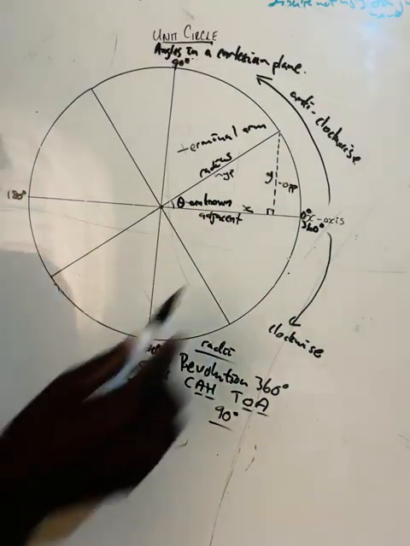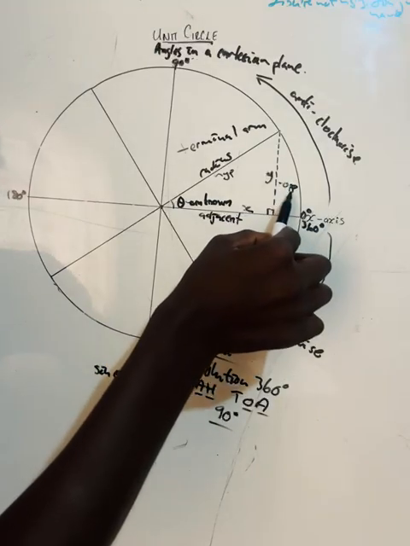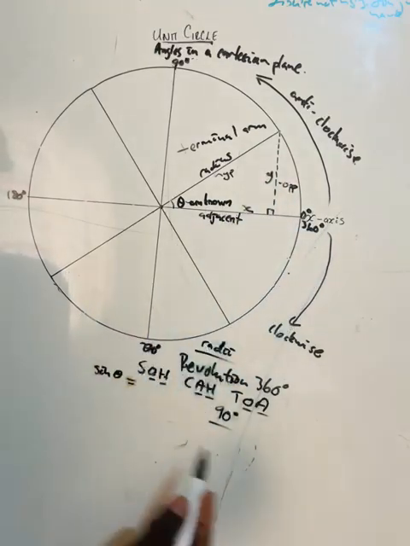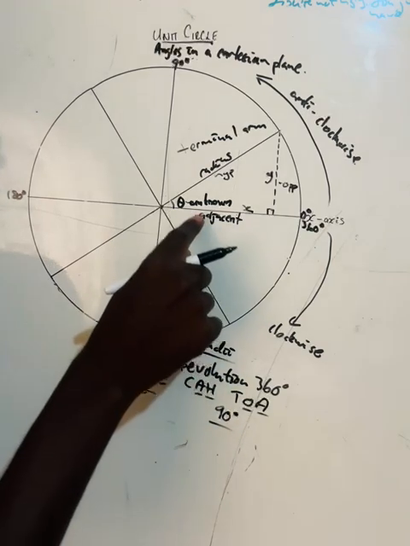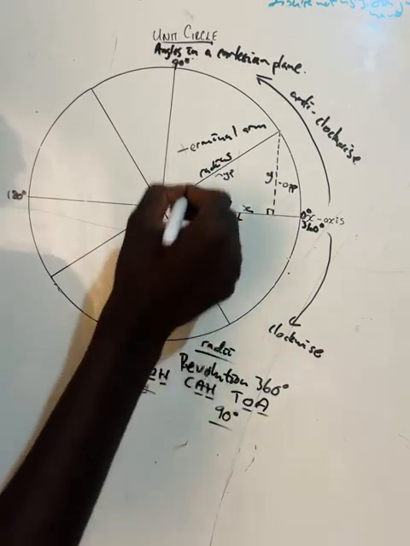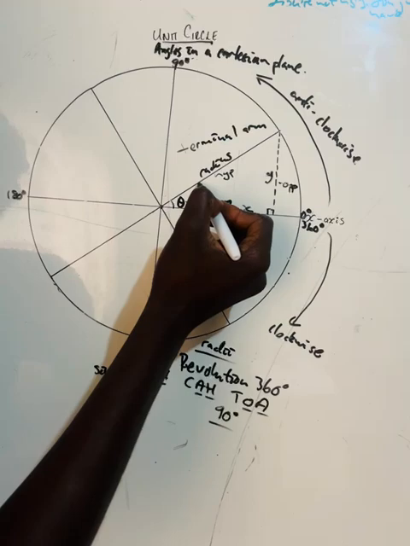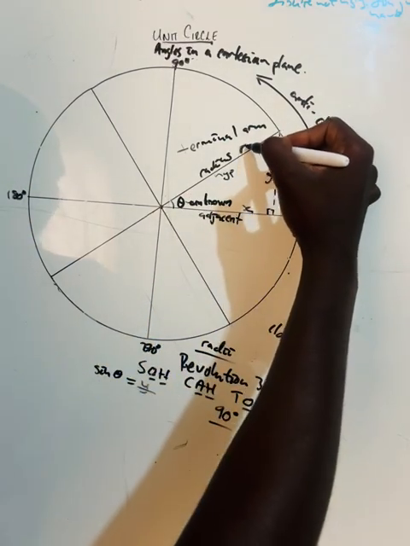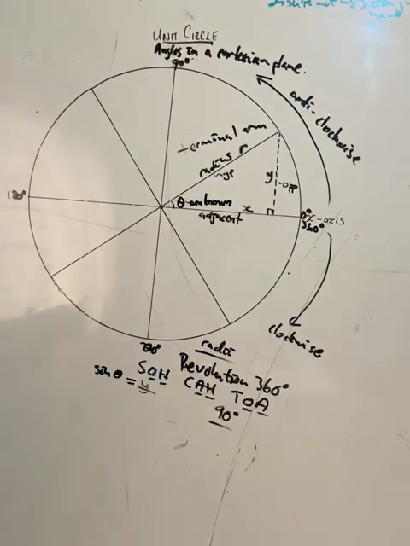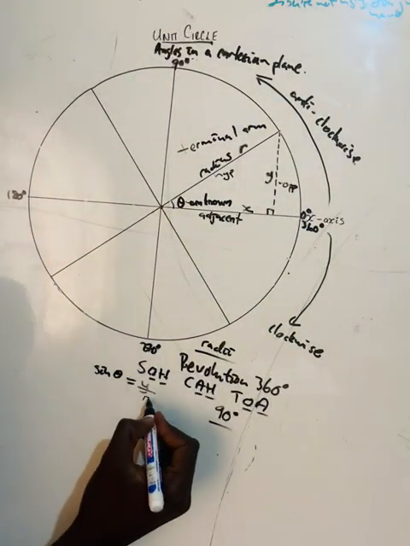Now, if we look at our opposite, which is y, over our hypotenuse, because it's radius, we call this letter r. So we have got y over r.